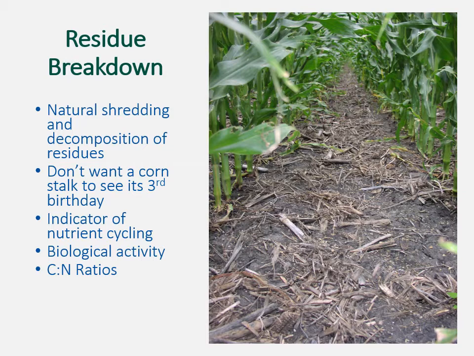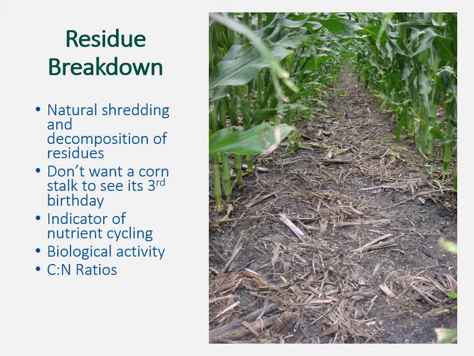When residue breakdown is medium, we have residue pieces that are close to the size left by the previous harvest, but crumble when handled, and crop residues are there from 1 to 2 cropping seasons. And then when we have low residue breakdown, the residue is in large pieces left after harvest. They can be handled without crumbling, and there's lots of residue from 2 or more cropping seasons.